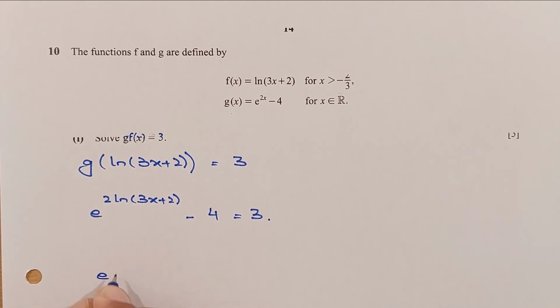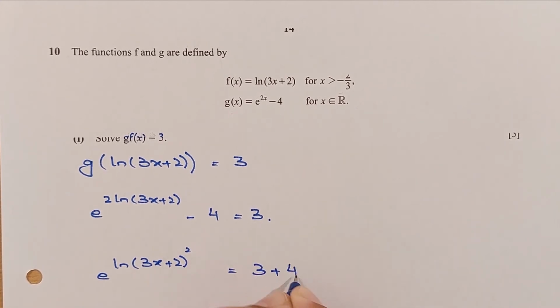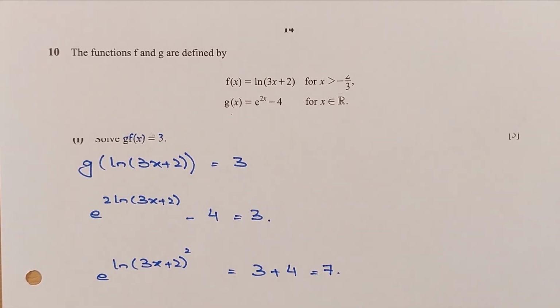So e to the power ln (3x plus 2) whole squared equals 3 plus 4, which is equal to 7, right?